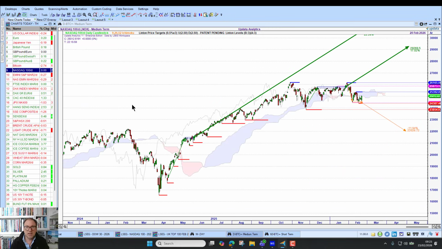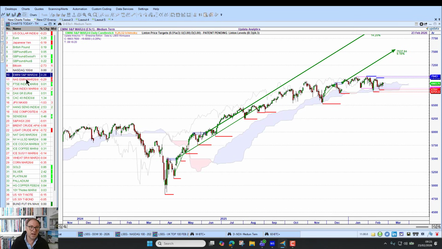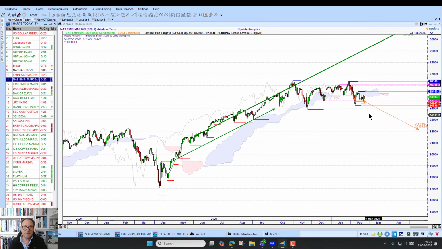The NASDAQ is still waiting to see if we activate this downside target. That will turn from orange to red if we get a new low below about 24,500. We're seeing the futures have been lower, and they're just recovering a little bit this morning. But we're seeing the US futures down 1/3%, so it does suggest the US market will open slightly lower. No change on the FTSE.